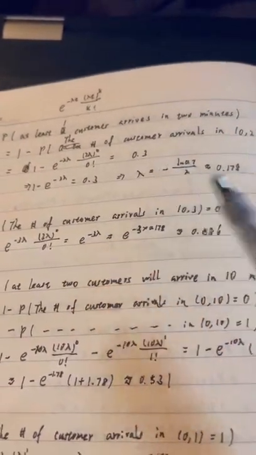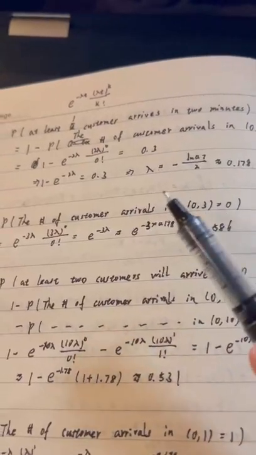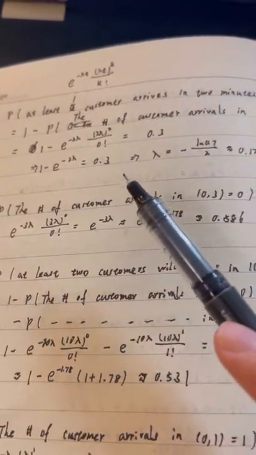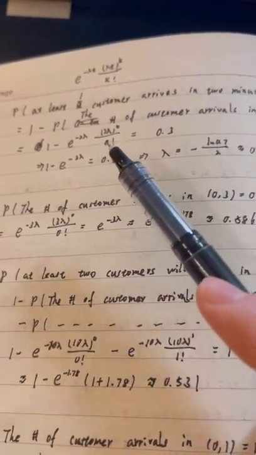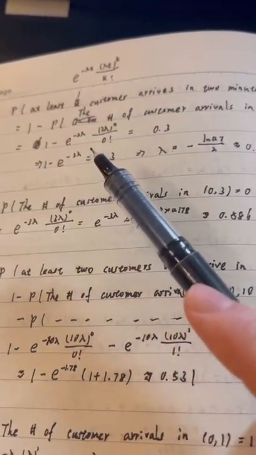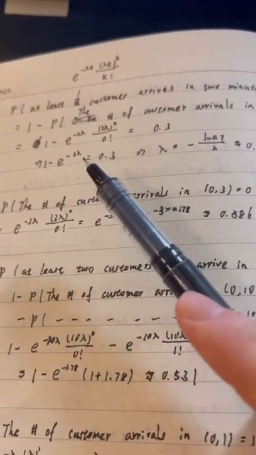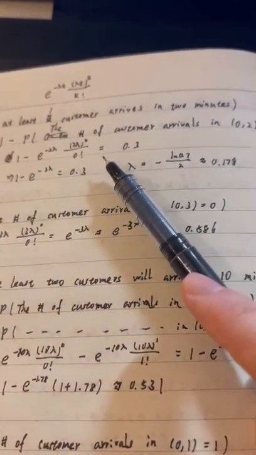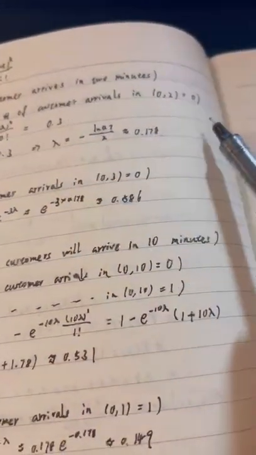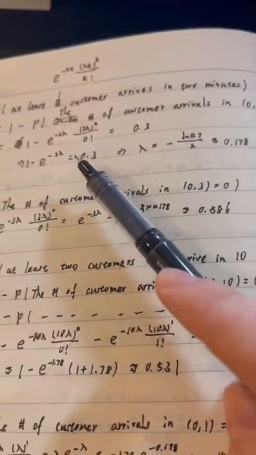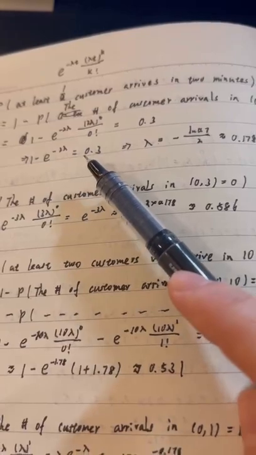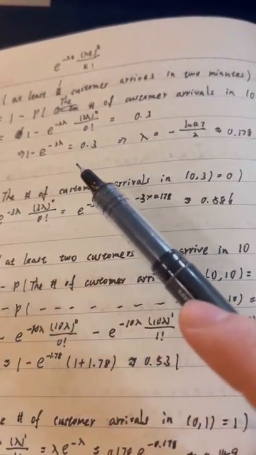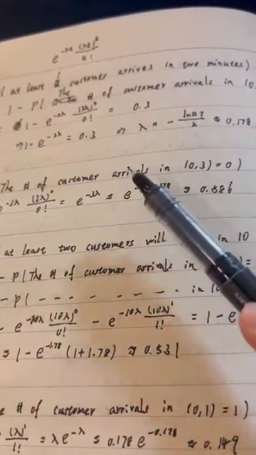So we simply substitute the Poisson distribution into it. It equals 1 minus e to the power of minus 2 lambda, times 2 lambda to the 0th power divided by the factorial of 0, because k equals 0. That still equals 1.